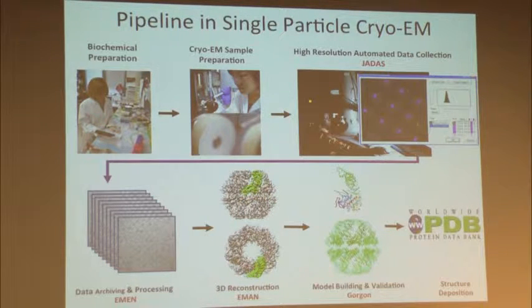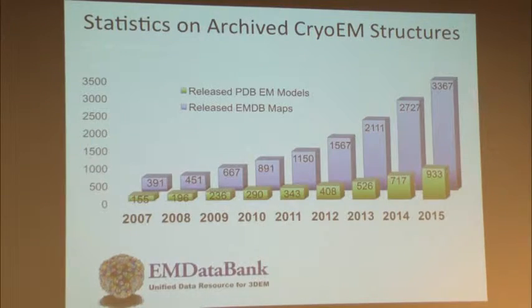Now, you may ask, where are we in the field? Here are statistics about the structures that have been deposited in the Protein Data Bank and also in the Electron Microscopy Data Bank. The density map numbers are represented by the bluish color bar, and the green ones are structures deposited as density map only.